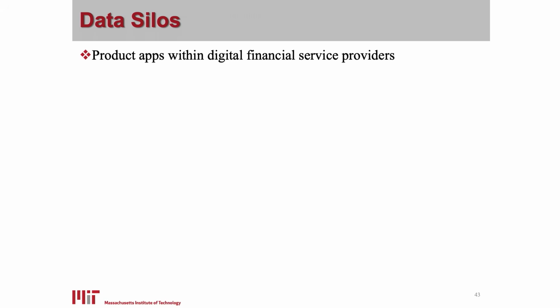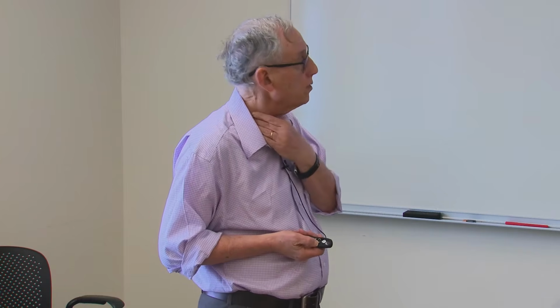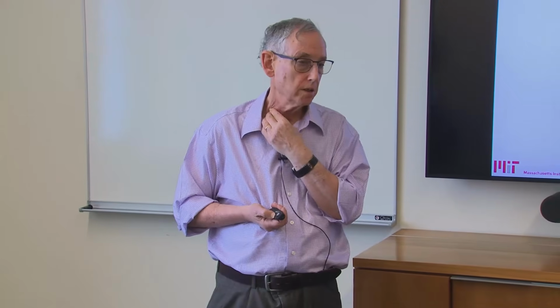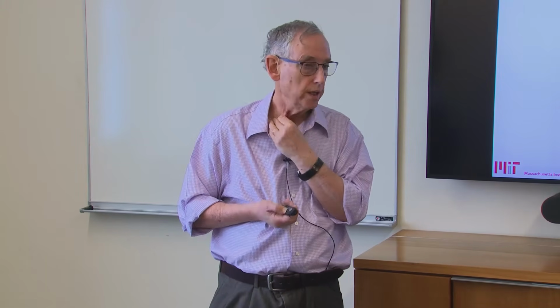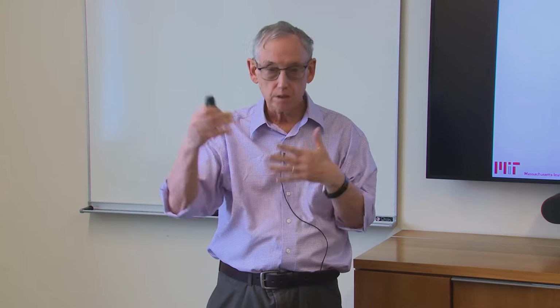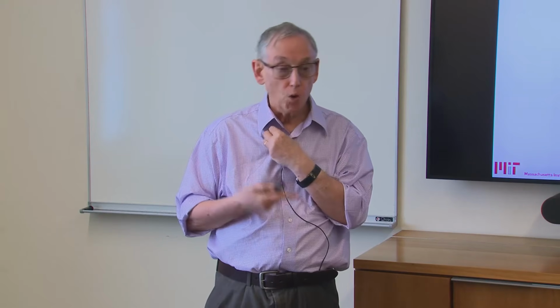And here I was referring to Indonesia, but it could have been another payment provider, where basically they develop apps for payments, for credit, lending, and so on. And each is a separate department, and the database is separate. There is a common identifier, multiple actually.